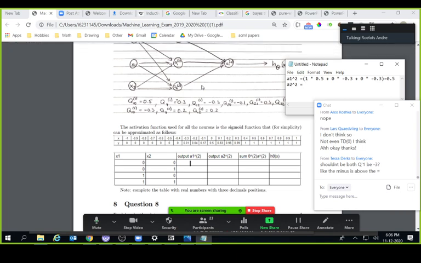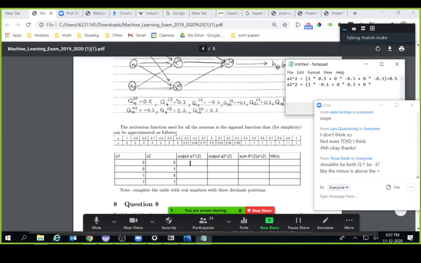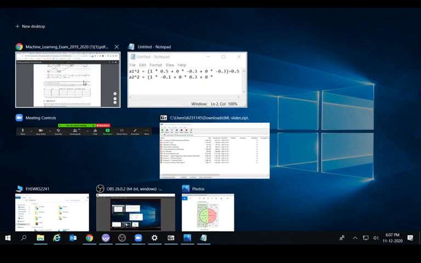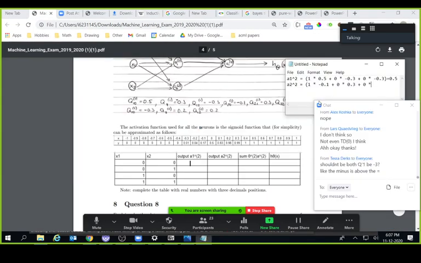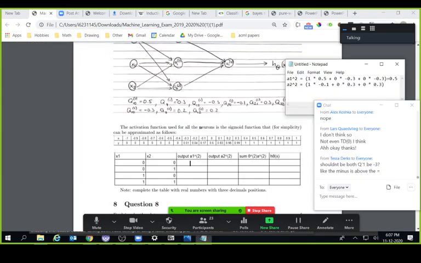It gets the bias node, then it multiplies it by minus 0.1, plus 0 times 0.3 plus 0 times 0.3. Okay, and the answer is very simple, guys. What is it? It is minus 0.1 because the rest is 0. So we can see that minus 0.1 is 0.17.